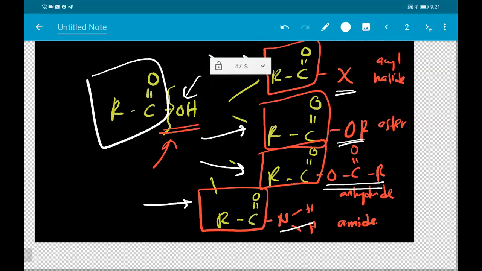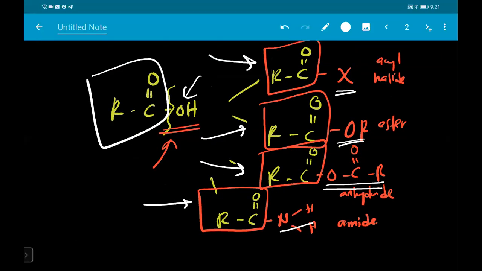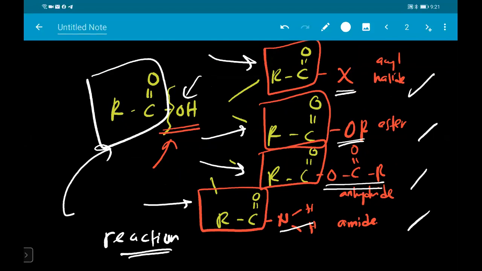So guys, this is the first thing I would like to explain to you guys regarding the carboxylic acid and also carboxylic acid derivative. Therefore, at the same time, if we talk about the reaction, apa yang carboxylic acid boleh buat, anak-anak dia pun boleh buat juga, because they have the same properties.